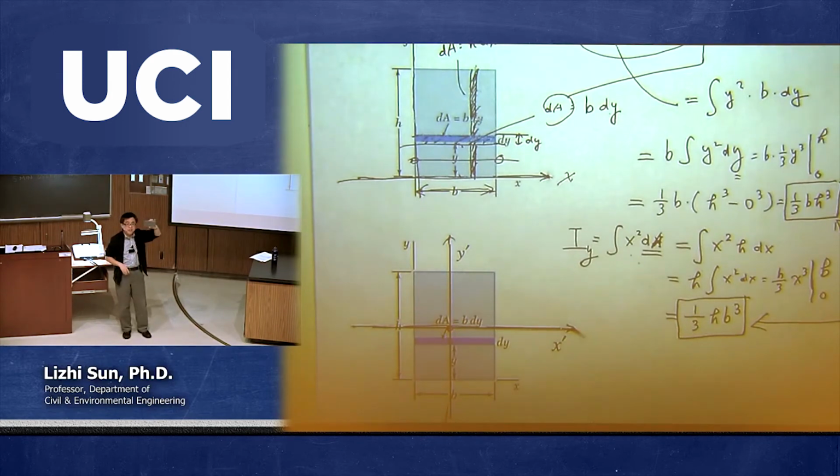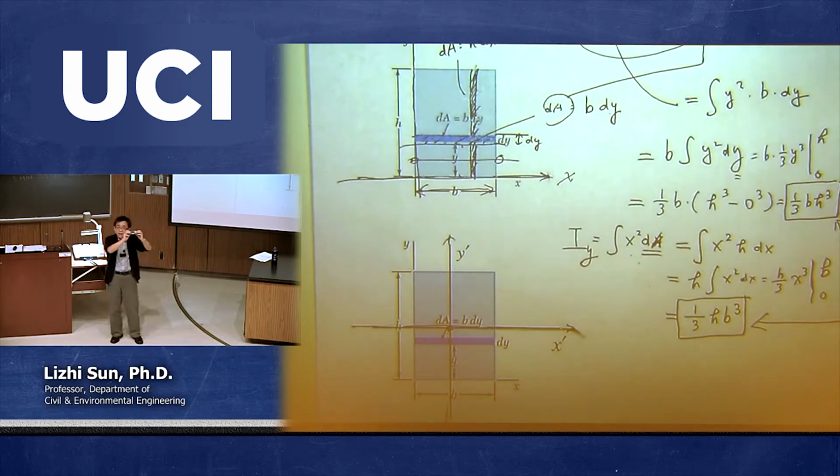Just imagine, using your common sense, if I apply a moment to try to bend this beam, compared with this kind of beam, which one can you easily bend, and which one can you not easily bend? This one is very difficult to bend. Think about it. But this one, if you want to bend it, is relatively easy.